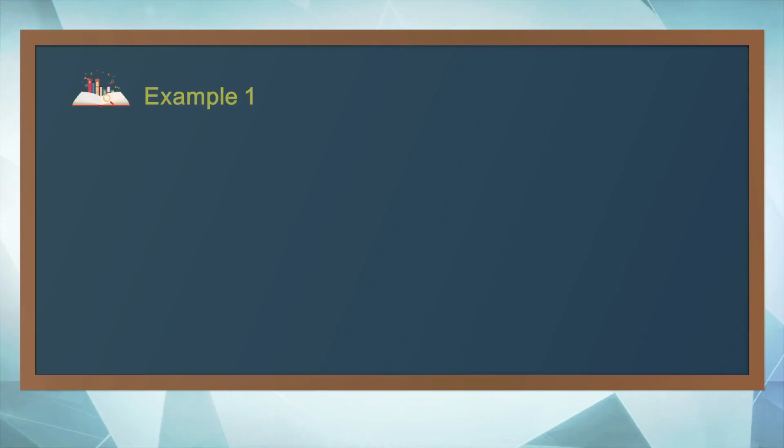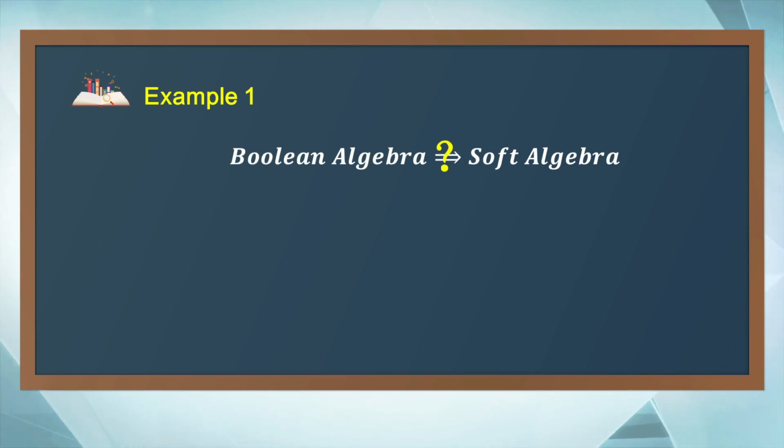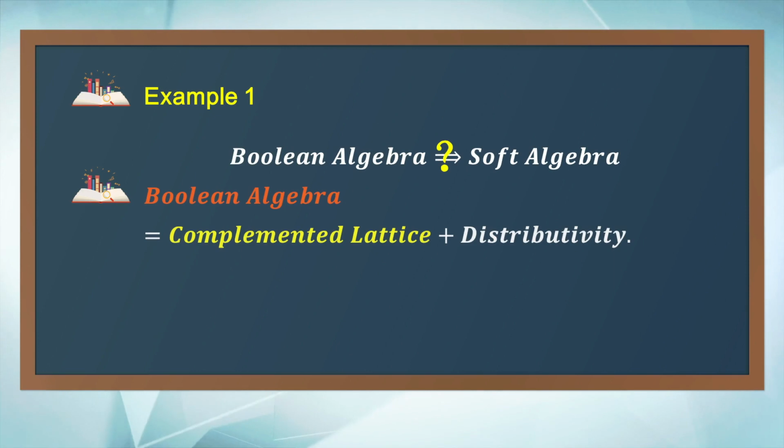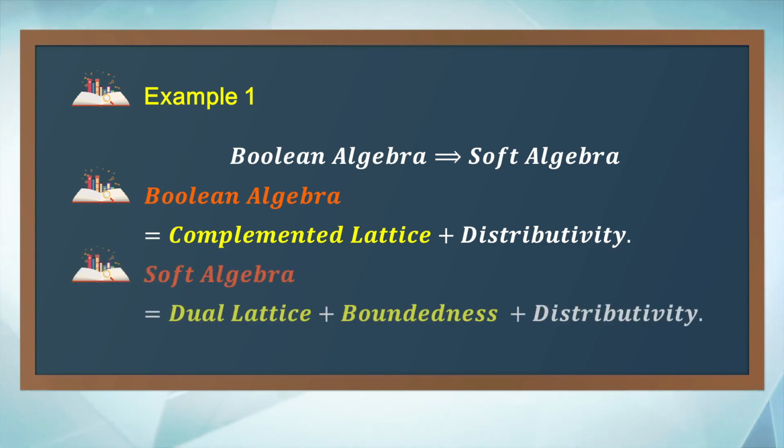First, example 1. Determine whether a Boolean algebra is a soft algebra. We know that a Boolean algebra is a complemented lattice together with distributivity. A soft algebra is a dual lattice together with boundedness and distributivity. They both have distributivity.